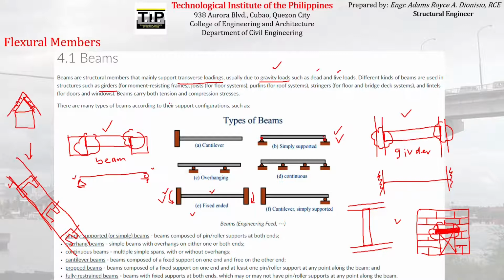Beams carry both tension and compression stresses. As you have learned from strength of material, hindi lang ang beam, once na nag-bend 'yan, kunyari straight beam, it will look something like this.